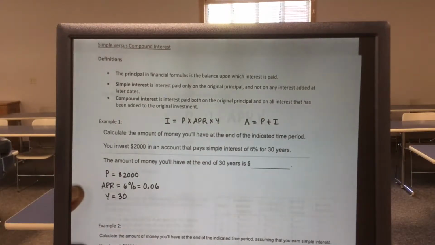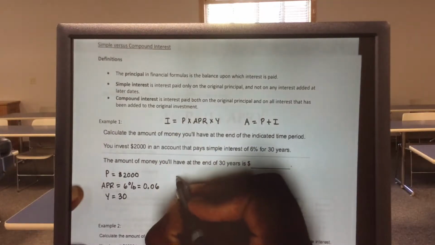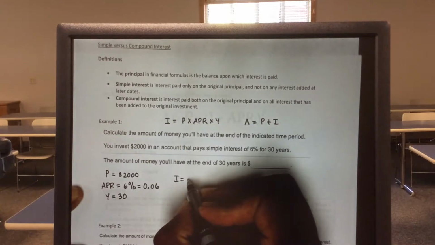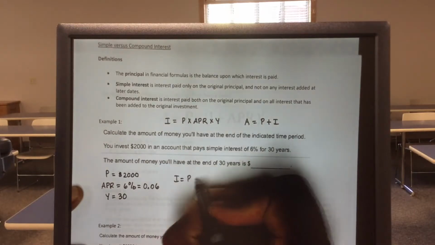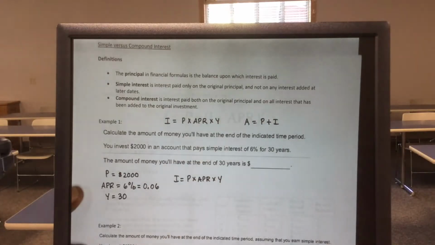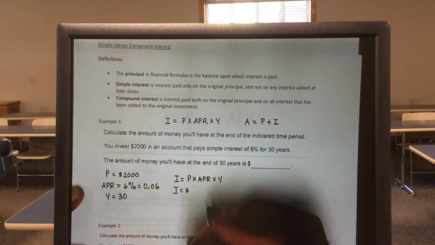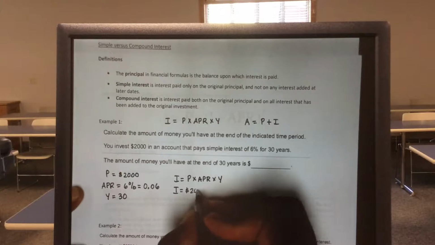Okay, so in this case, here we're going to use this formula here to find out what the interest is first. So it's I is equal to P times your annual percentage rate times Y. P is your principal, by the way. So here, the principal was $2,000.